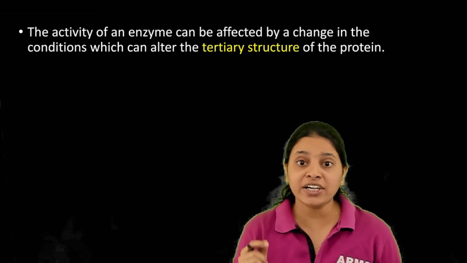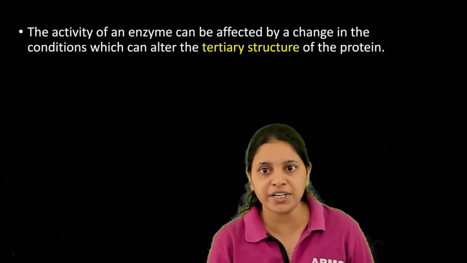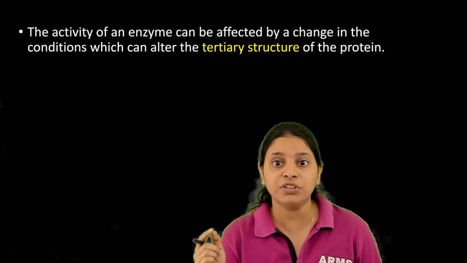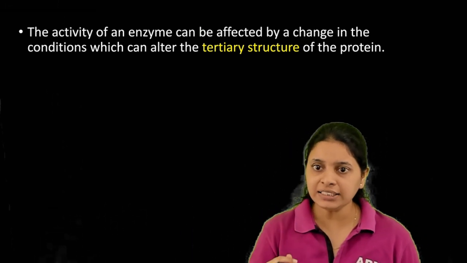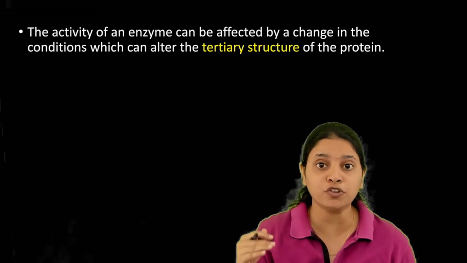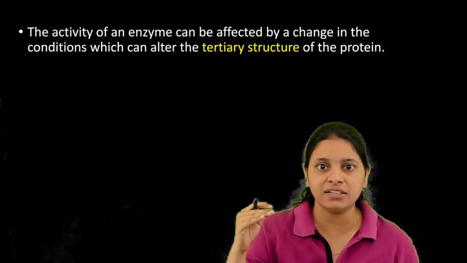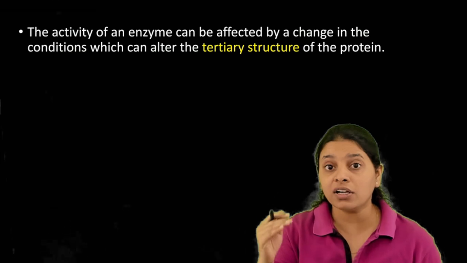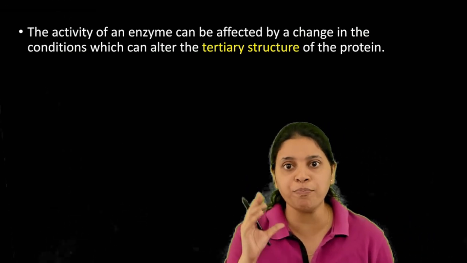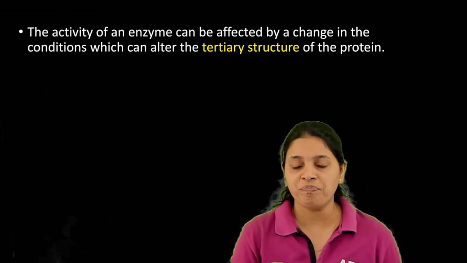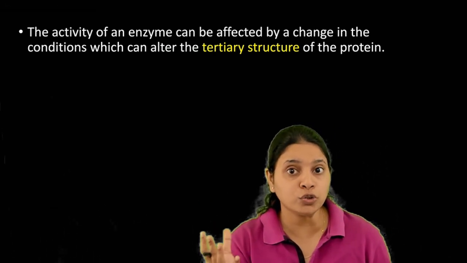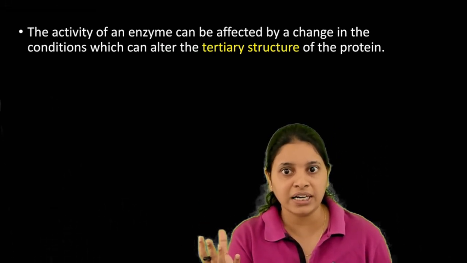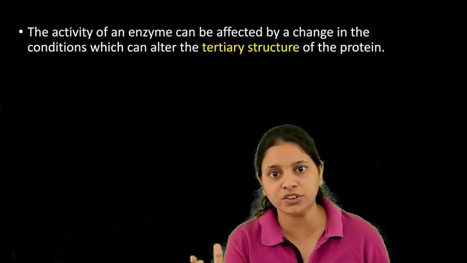Now, the activity of an enzyme can be affected by change in the conditions which alter the tertiary structure of the protein. As proteins have different levels of structure, right? Primary, secondary, tertiary and quaternary. The tertiary structure is the shape of the protein, right? So, as enzymes are proteins, the enzyme will also have a characteristic shape, that is the tertiary level of protein structure.